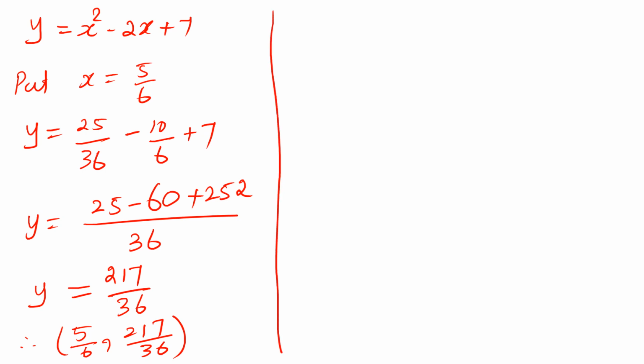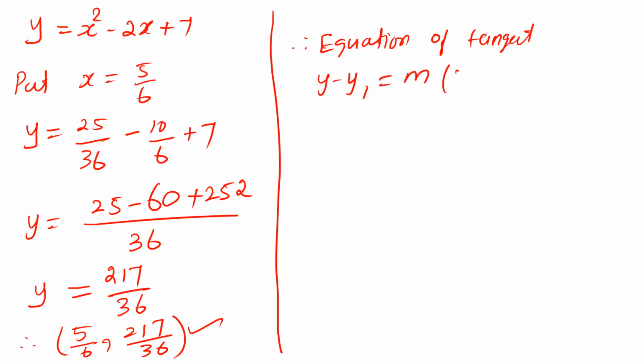So we have the point of contact of the tangent and the slope of the tangent. So therefore the equation of tangent is y minus y1 is equal to m into x minus x1.